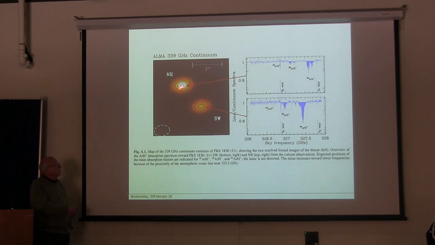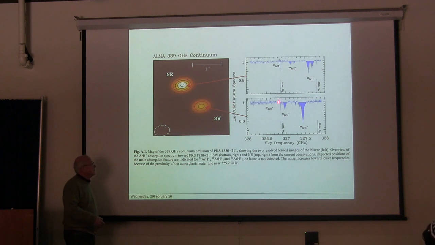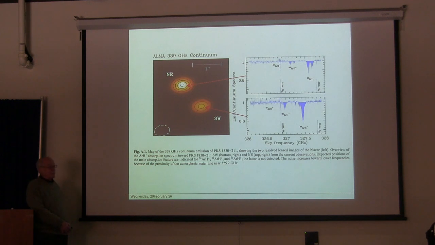And these are two of the lensed images of the background quasar, which is effectively a point source. There's also a very dim third component that doesn't show up at this frequency, but Sebastian Muller is currently analyzing some observations of the third lensed image at the moment. That's of interest for cosmological purposes.